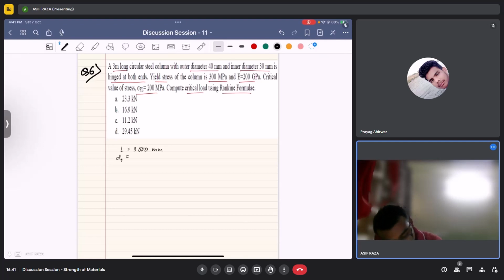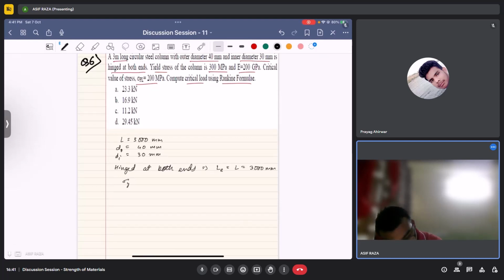Outer diameter as 40 mm, inner diameter as 30 mm, hinged at both ends, implies the effective length would be equal to L, and that would be 3000 mm. Yield stress is 300 megapascal, Young's modulus is 200 gigapascal, that is 200 into 10 to the 3 megapascal. Stress at proportionality limit is 200 megapascal.